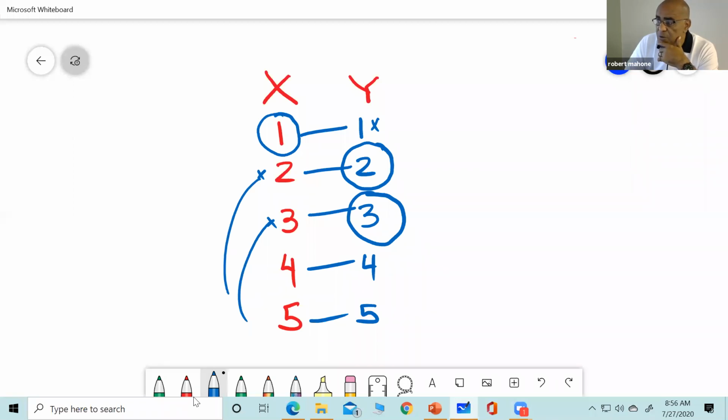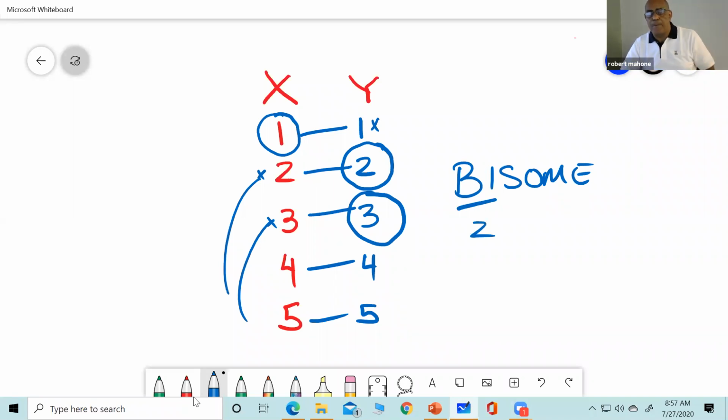So we all have two of every chromosome. As a result, humans are referred to as being bisome, because bi means two. So we are bisome. We have two of every chromosome.